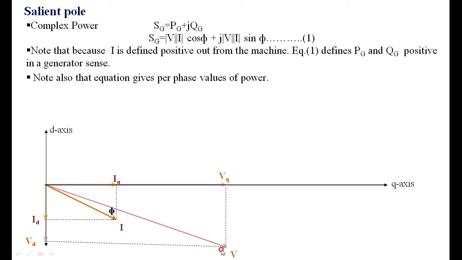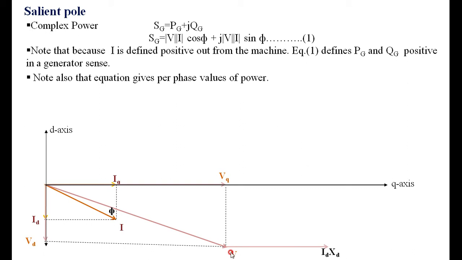At the same time, we know that the main flux acts along the d axis, so the generated voltage will fall on the q axis. Means if you add IDXD plus IQXQ vectorially to the terminal voltage, we get E, and E should lie along the q axis.